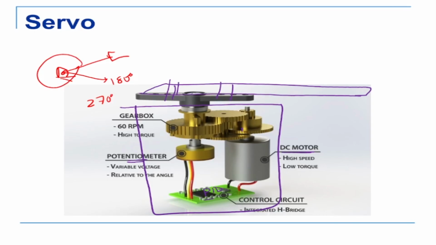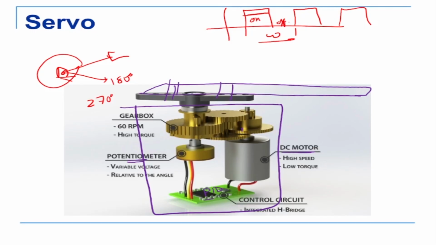And we control it by using a PWM signal from the microcontroller. What is a PWM? Basically, we give square waveforms and vary the width of the waveform. This is the width of the waveform. That's my width: how much time it is on, this much is on, that much is off. So by varying this width W, I can make it move to different positions.